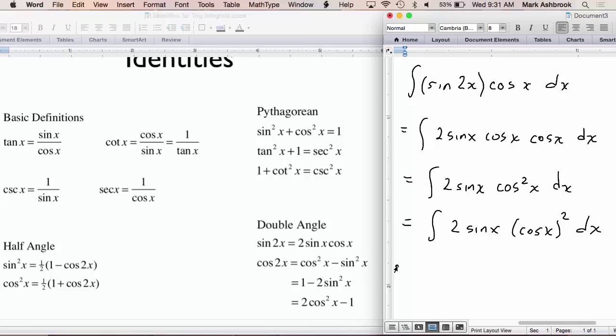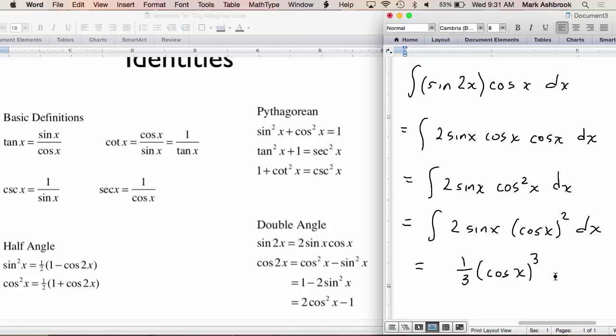You've got a composite function. Sine x is essentially the derivative of cosine x. There's the chain part, right? So the antiderivative is essentially what? We're focusing here and taking the antiderivative, which is 1/3 cosine x cubed.